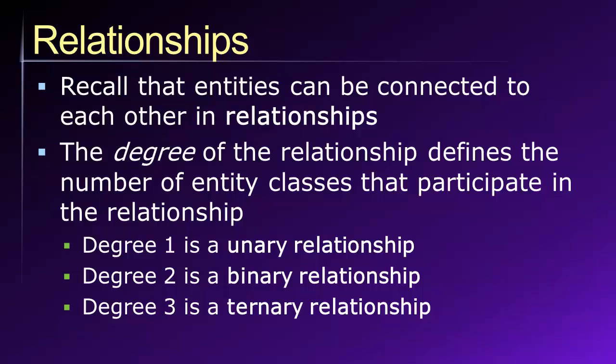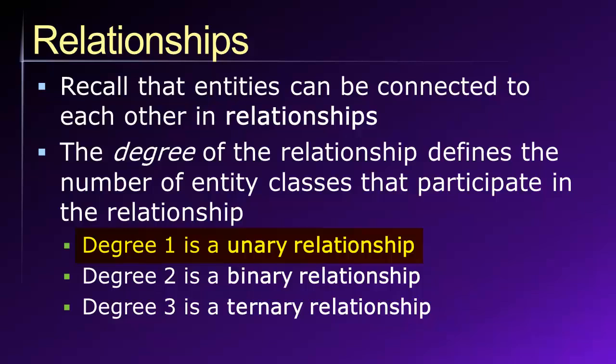From the perspective of entity relationship modeling, then, we can consider several different types of relationships. And these types of relationships can be defined by what we call the degree of the relationship, where the degree of the relationship refers to the number of entities that are participating in the relationship. Common examples include a unary relationship.